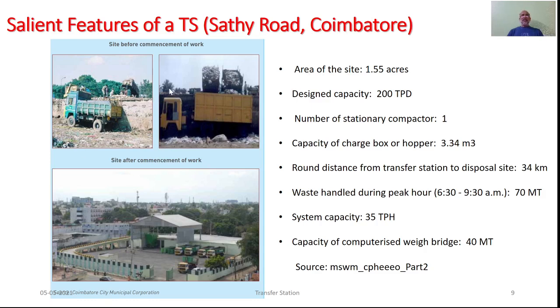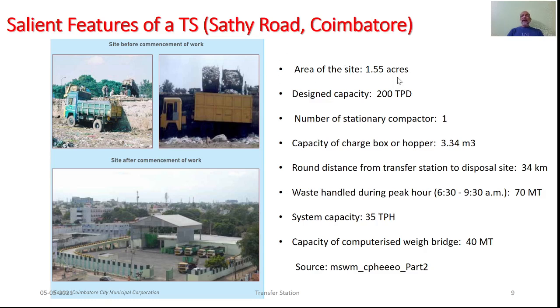This particular picture indicates how that particular site was before establishment of that transfer station. And the lower picture indicates how that particular scenario is totally changed, look-wise, function-wise.